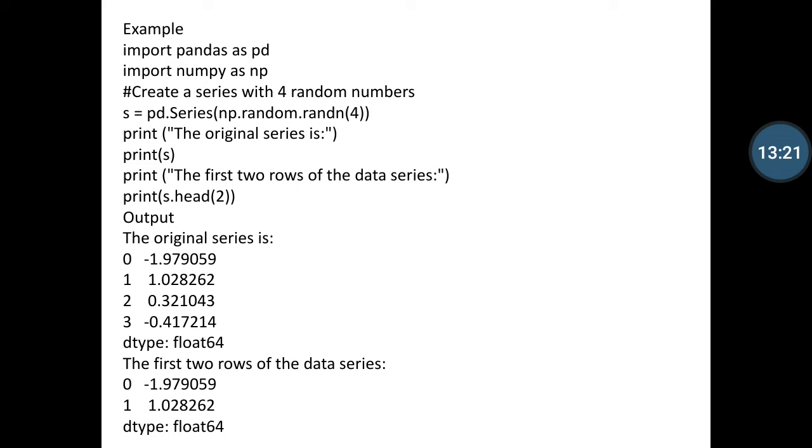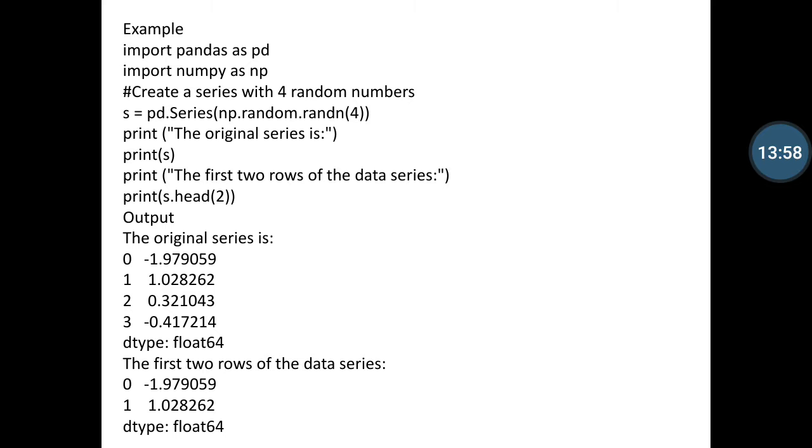It prints the series s. Then I define a label using the print option, the first 2 rows of the data series, and then use head with the print option, s.head and then put the number 2. After executing, it returns the first 2 rows of the data structure that is used in our code.